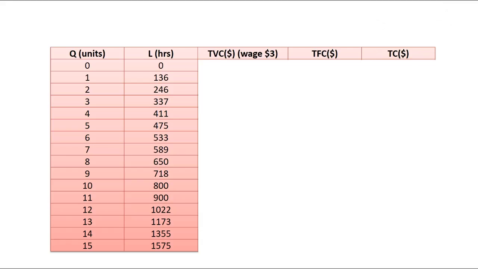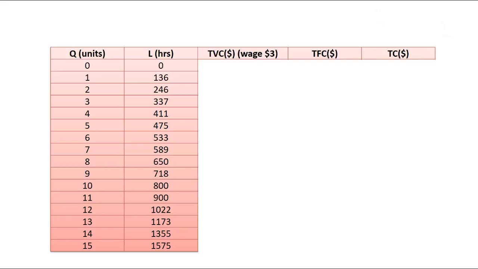Let's look at a table to see the kind of pattern of costs that emerges. Remember, here we're talking about the short run, and we must be talking about the short run because, as we now know, the short run is when there is at least one fixed input.